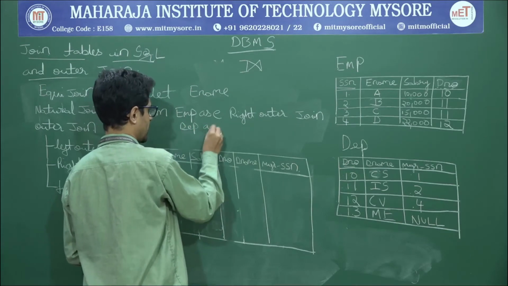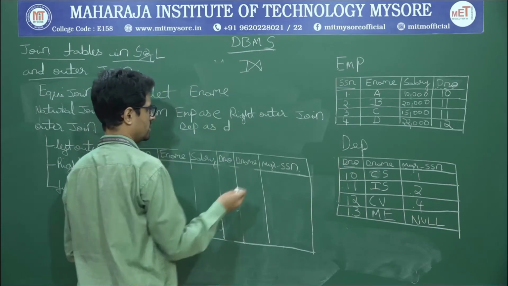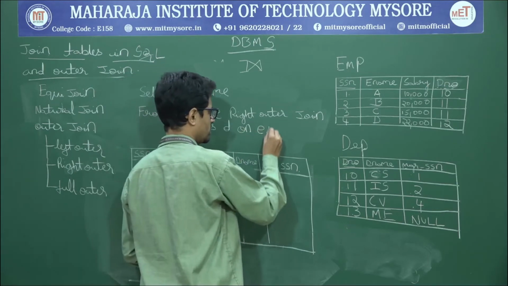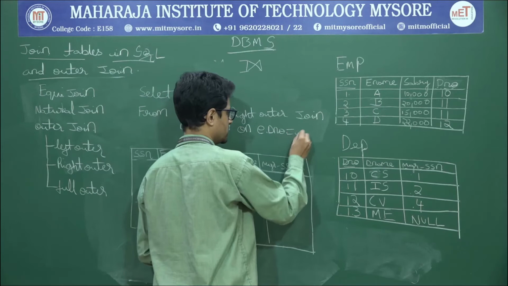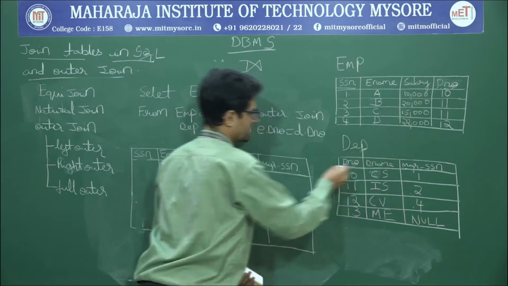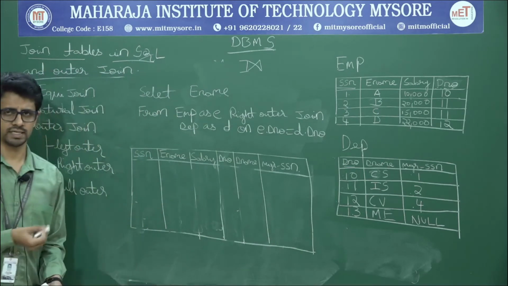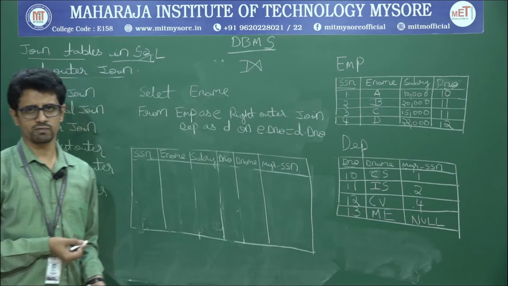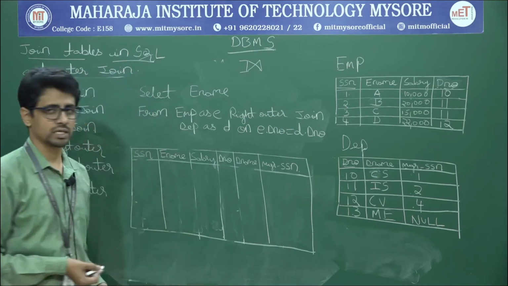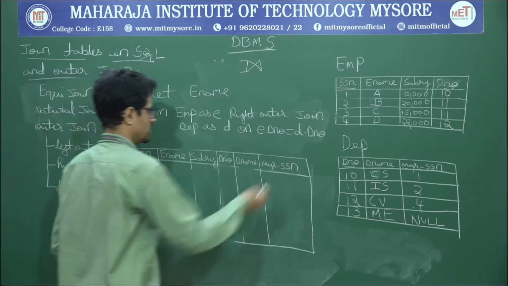So department as D, on E dot department number equals D dot department number. As they both have the same representation, I need to do aliasing, as I said before, because I can't directly go with natural join, since we are discussing outer joins now.